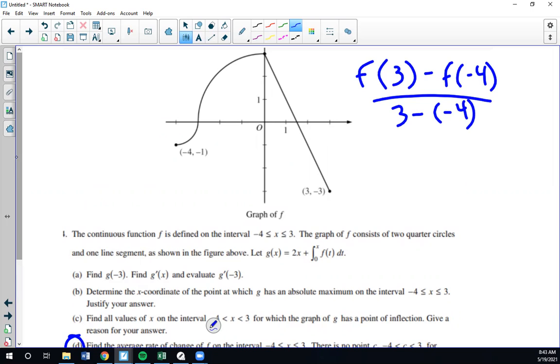That's what it's asking us to do first: find that average rate of change. f of 3, well, here's a graph of f, so this is pretty easy. f of 3 is just down at -3, minus f of -4. f of -4 here is -1.